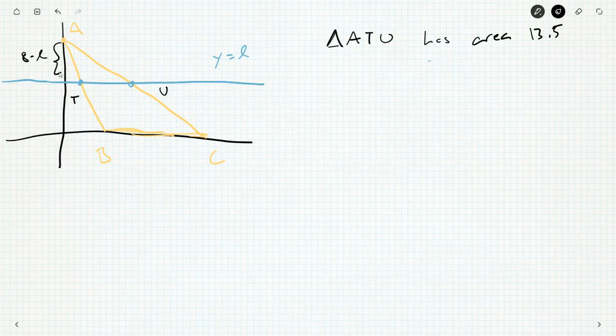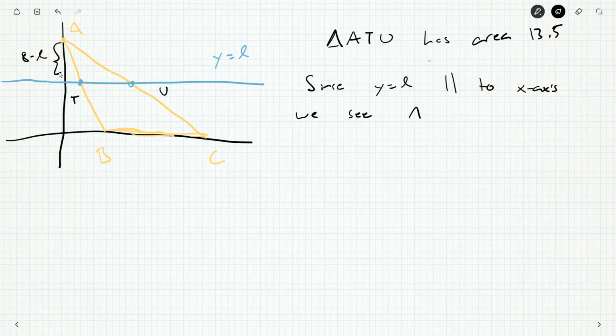So, since y equals L is parallel to the x-axis, we see triangle ATU is similar to triangle ABC. Now we know the areas.